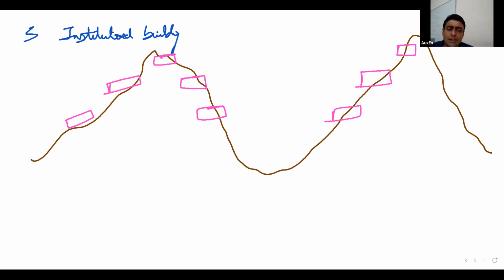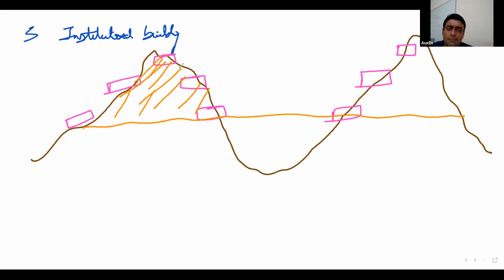They decided certain levels. This orange line is the level they decided, and because of this, huge amounts of cutting and huge amounts of filling were required.